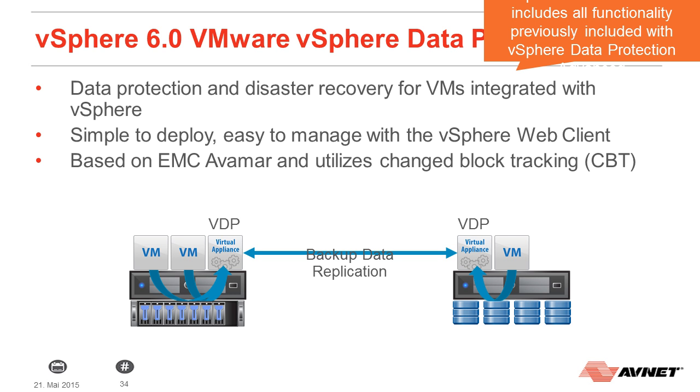So if you're not familiar with data protection, this gives us the ability to back up virtual machines. It is based upon the EMC Avamar technology. So once we have the first initial backup of that VM, we take advantage of the virtual SCSI change block tracking, and we in the future then just have to back up those changed blocks. So it's very, very efficient.